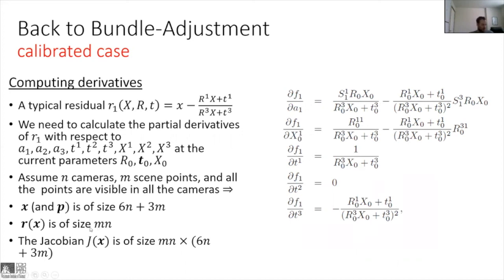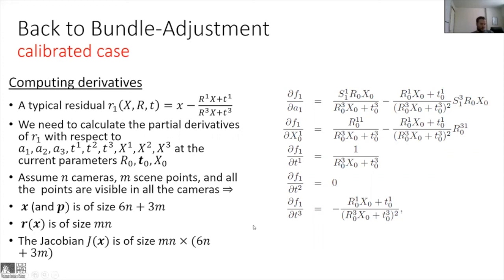But if you have a function from Rn to Rn, where n is 6n plus 3m, we've seen, because 6 is the number of parameters in the camera times n, and 3 is the number of parameters in each 3D point times the number of points. Right?